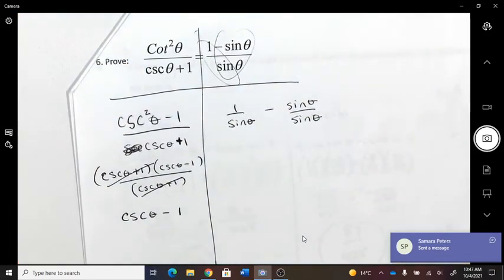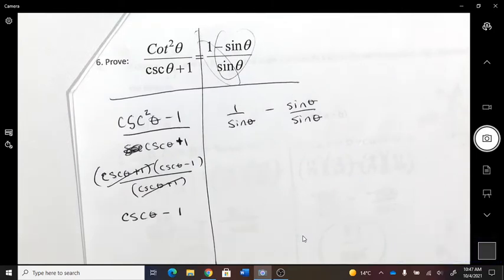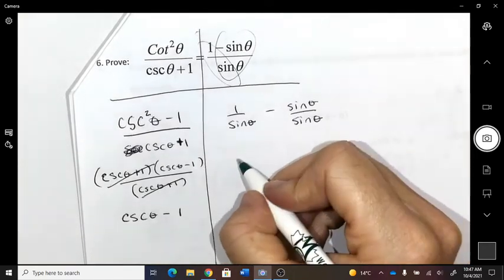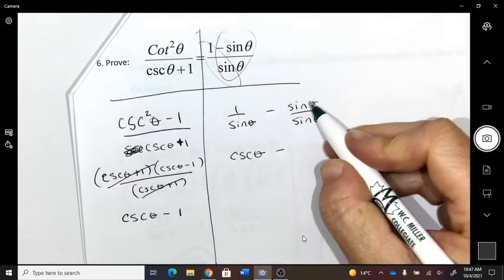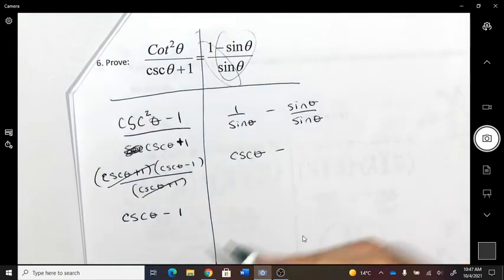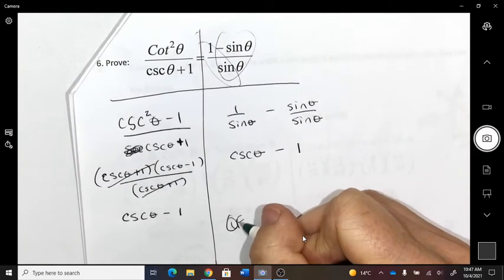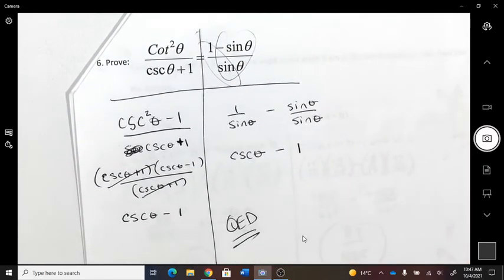So I split that one up. I can see the end in sight. The reciprocal of sine, so cosecant. And then a sine over a sine is the same as 1. And then we did it.